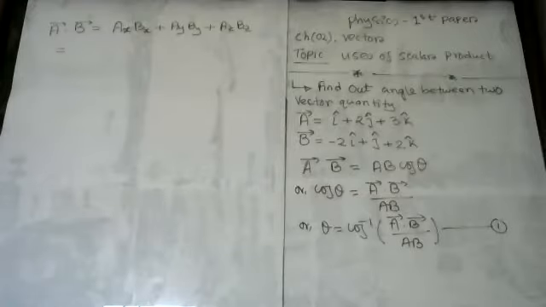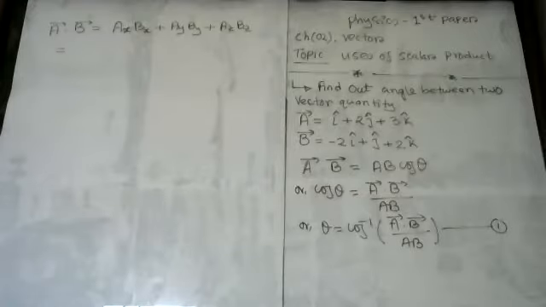A equals root over 1 square plus 2 square plus 3 square. What's the value of A? A equals root 14.